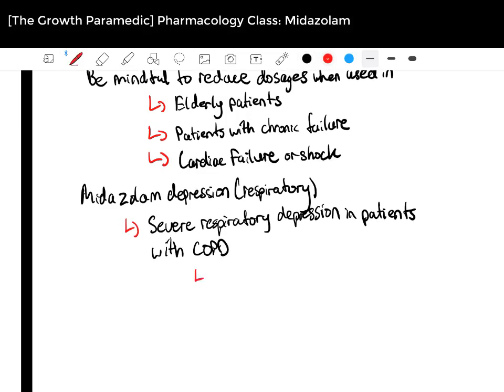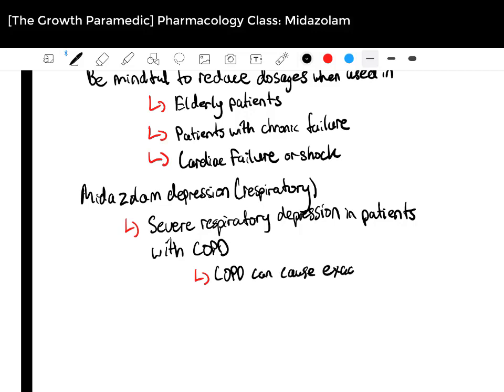And we will cover that medical condition in the medical series. So COPD can cause exaggerated respiratory depressive effects, and if you're going to administer midazolam, that can worsen those effects already there.